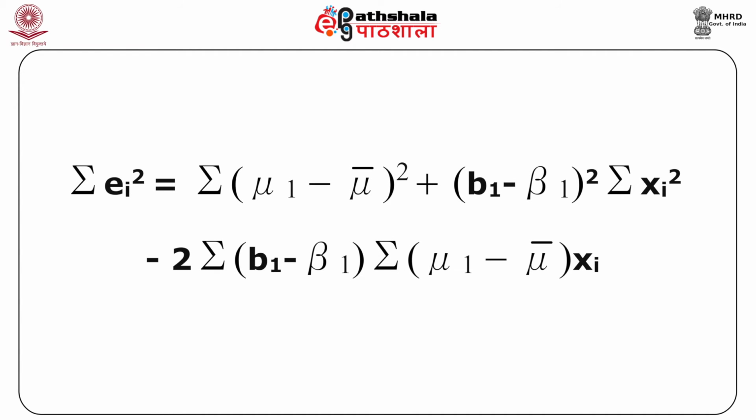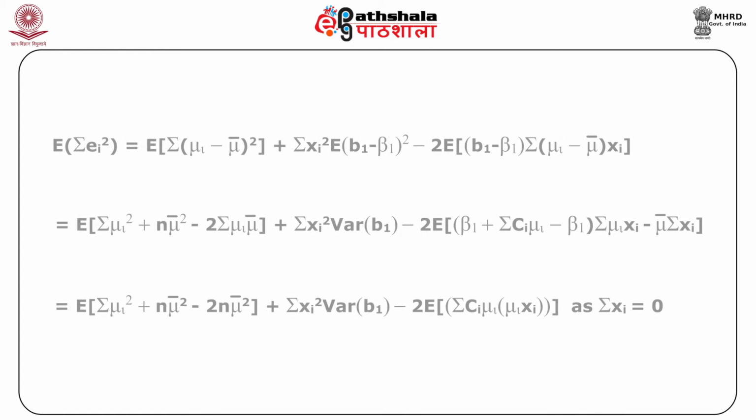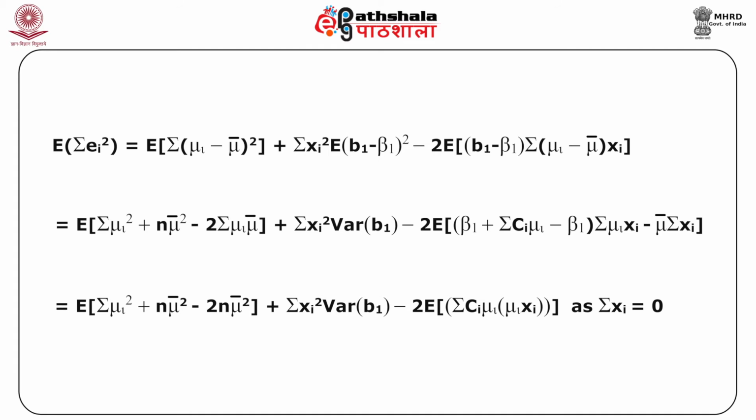Rearranging, summation ei square is equal to summation (mu i minus mu bar) square plus (b1 minus beta 1) square into summation xi square minus 2 (b1 minus beta 1) into summation (mu i minus mu bar) into xi.